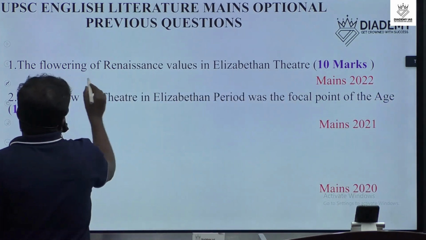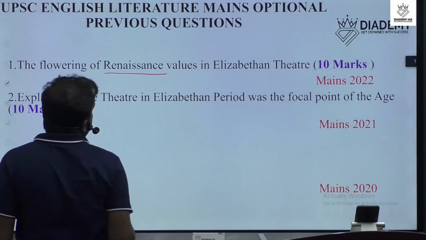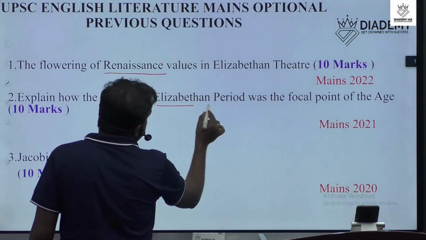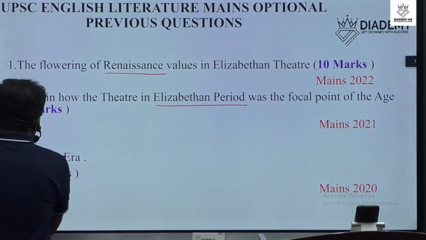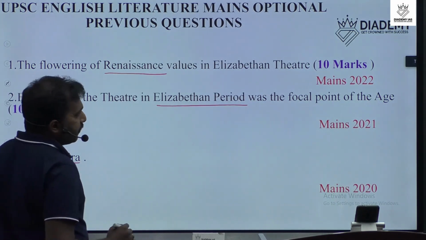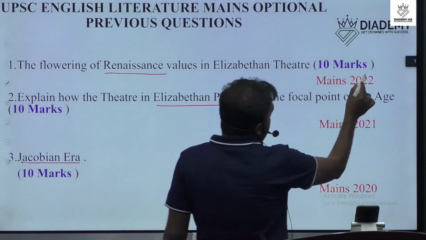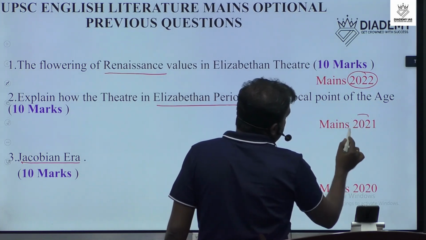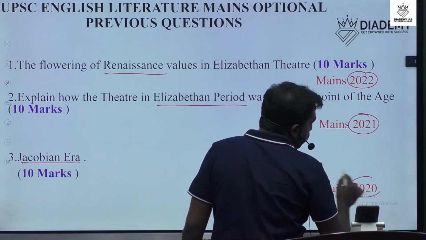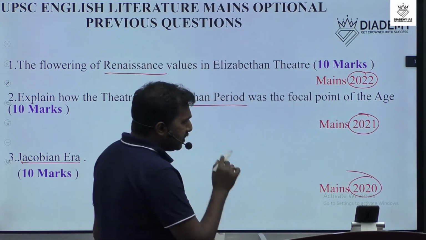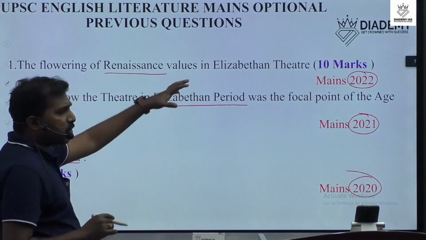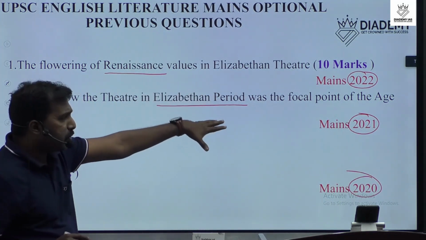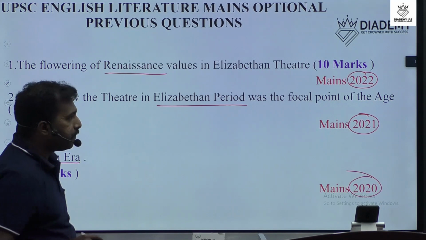Here we can see Renaissance, the Elizabethan period, and the Jacobean era, from 2022, 2021, 2020.